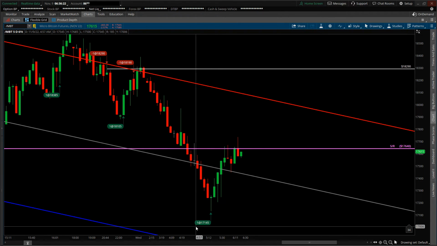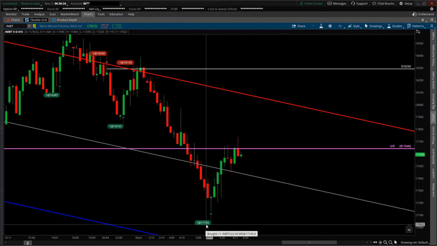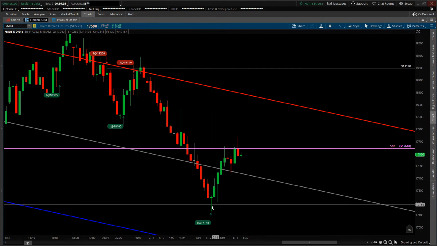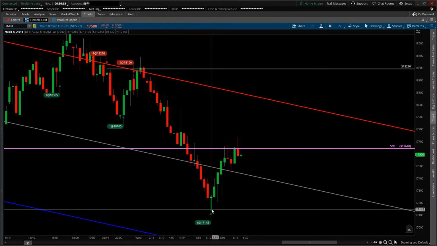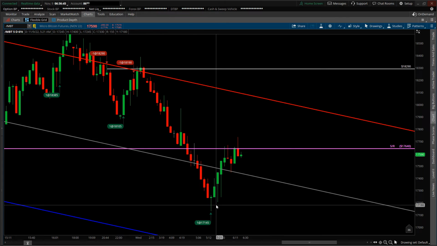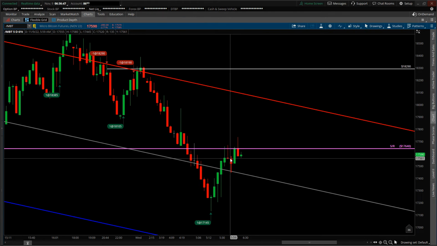And my exit price is 17,145, which is literally at the bottom of this candlestick right here. 17,145 is right here. So if you look at the y-axis on the right, you see the price bubble of 17,145. So it's literally at the bottom of this wick before running right back up.